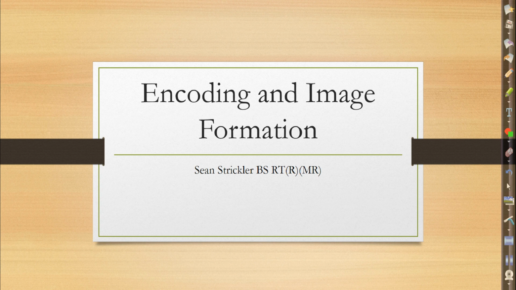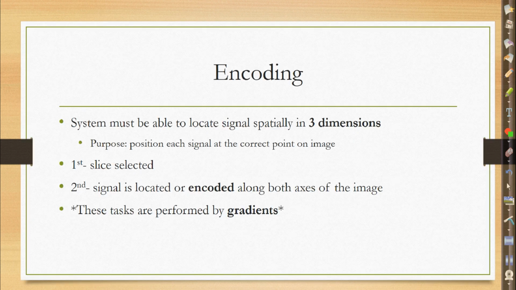But if we didn't change the magnetic field strength within the bore of the magnet with our gradients, we wouldn't be able to locate that signal coming from the patient to say it's in the top of the brain, or the bottom of the brain, or mid-slice. So these gradients are great for locating that signal. Otherwise, we would get a lot of signal on our image, but we wouldn't be able to locate where those little bright voxels would go on our image. It would just be a mess. So we'll talk about all the different steps of encoding today.